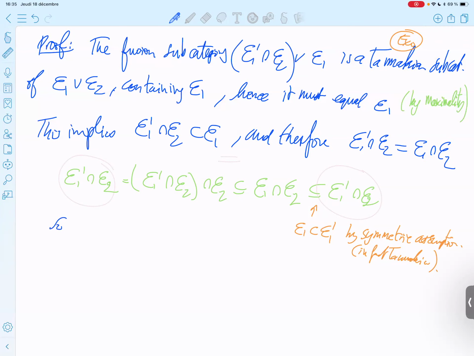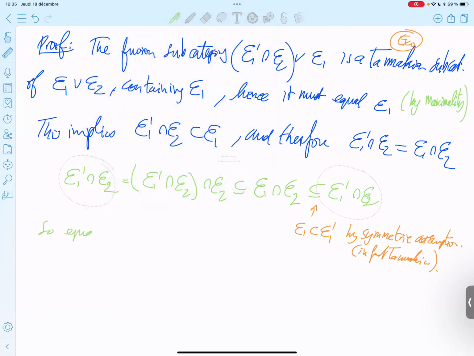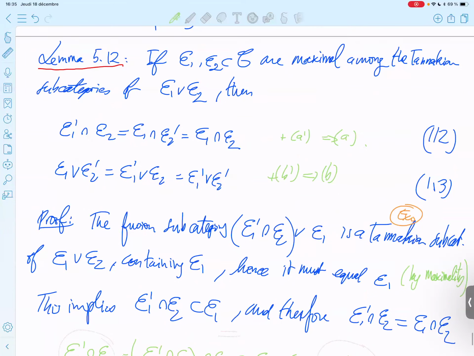In particular, E1' ∩ E2 equals E1 ∩ E2, which is 111.